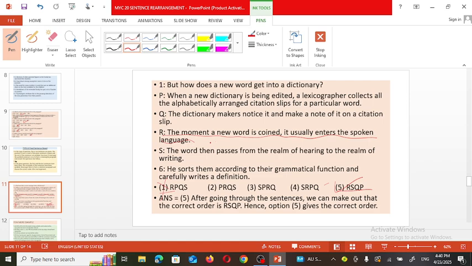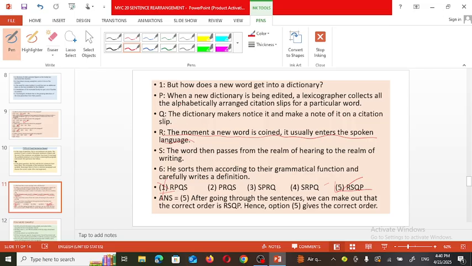So where you are able to see that after R, S is given. The word then passes from the realm of hearing to the realm of writing. Then the dictionary makers notice it and make a note of it on a citation slip.